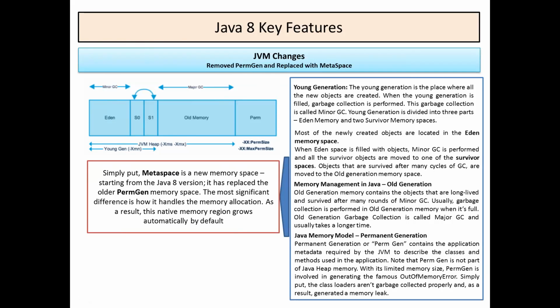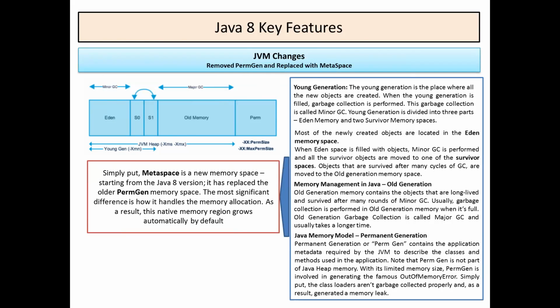In the course we'll talk more about this JVM architecture, and we'll see how it is structured, and what the more advantages and features are when it comes to the JVM. I just wanted to touch on PermGen getting converted into metaspace in Java 8.